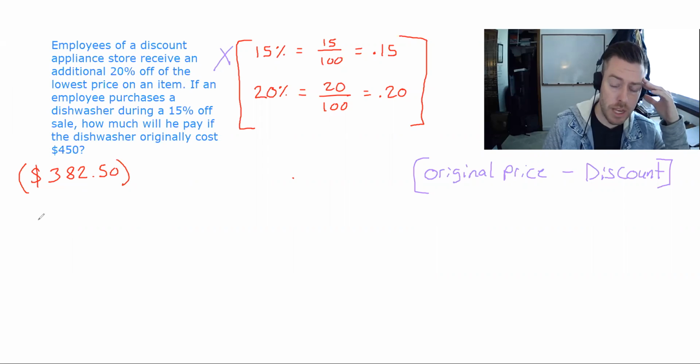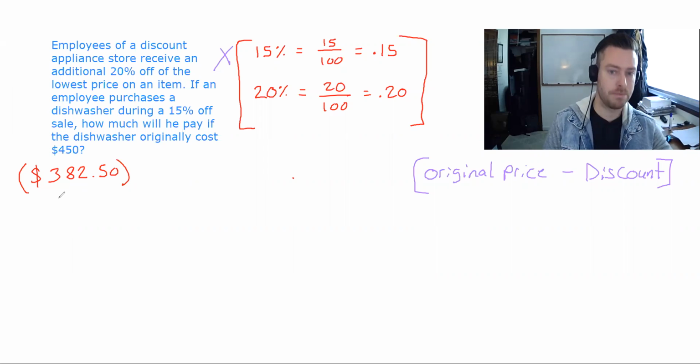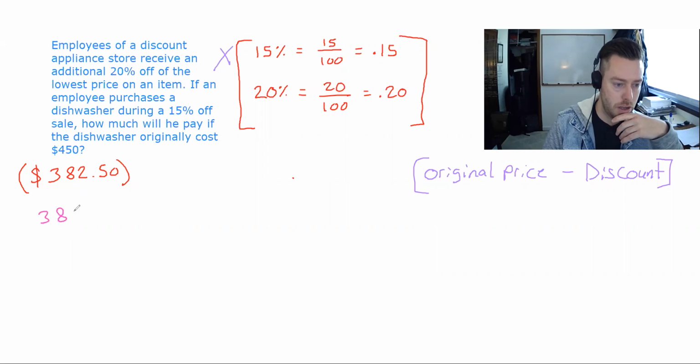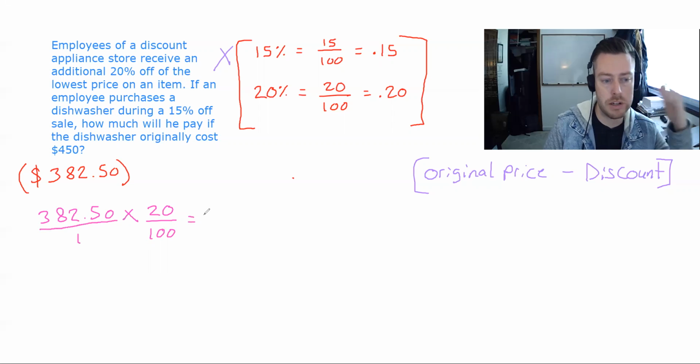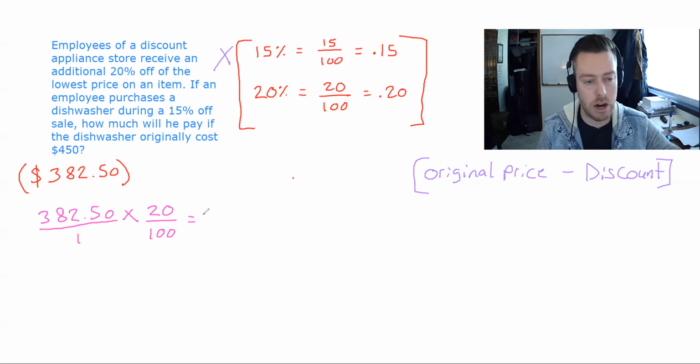So how do we do that? We multiply this price, the original price or the actual price, by the discount price. So let's take $382.50 and we're going to multiply that by the 20%, or 20 over 100. Again, you can turn any number into a fraction over 1, and with multiplication of fractions, multiply straight across.